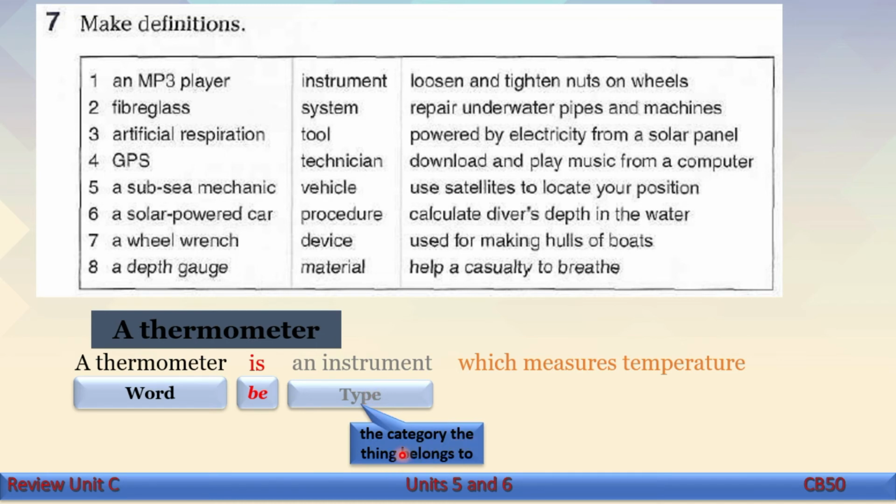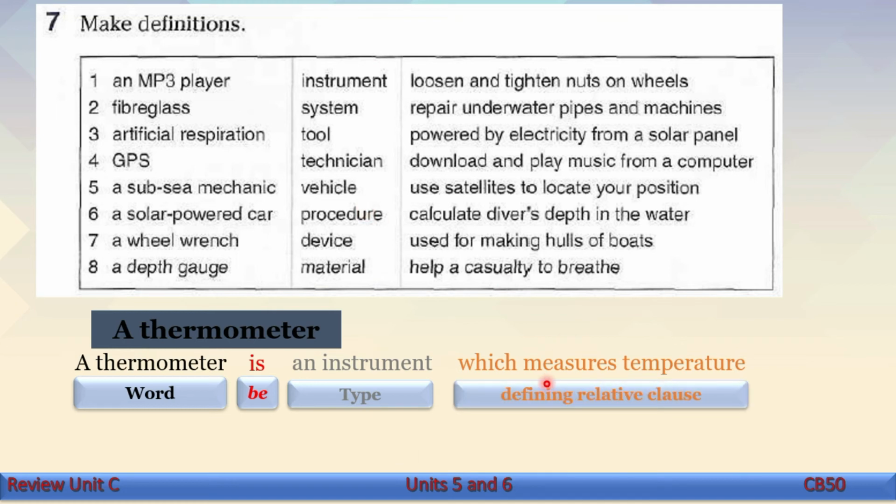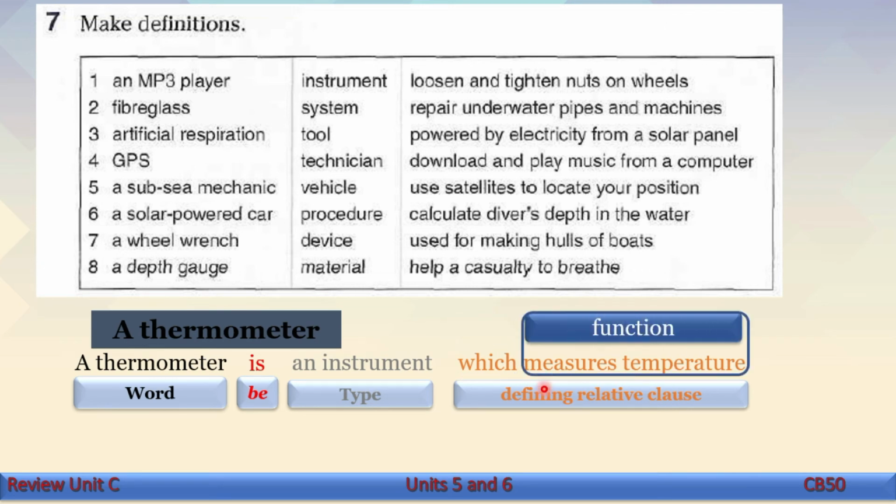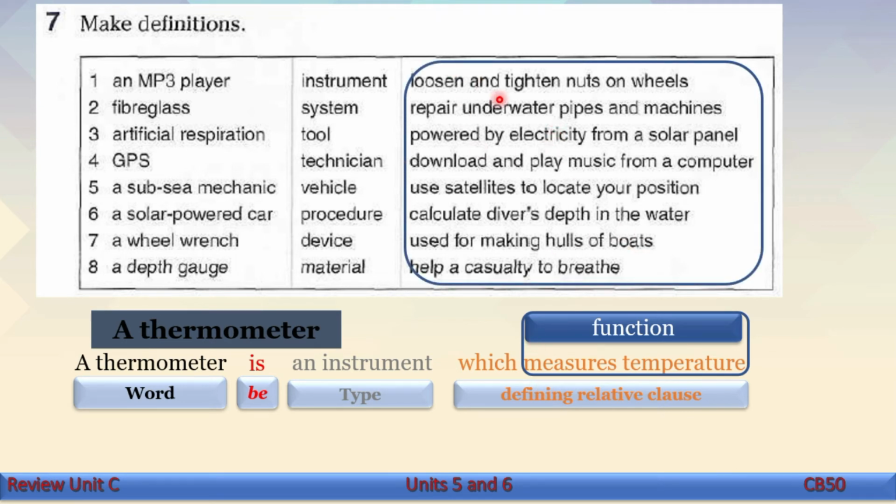That is the category the thing belongs to. So, which is this part. And finally, we have the defining relative clause, which is divided into two: the relative pronoun and the function, which is this one. Great.